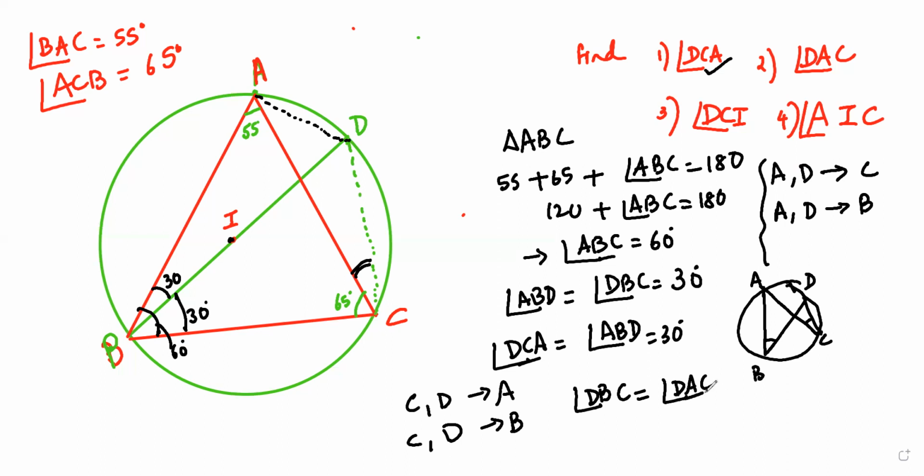Again, angles in the same segment, and that will be equal to 30 degrees because angle DBC is 30 degrees. I didn't mention the reason earlier for the first part, when we found angle DCA, and even for this, the concept is angles in the same segment.